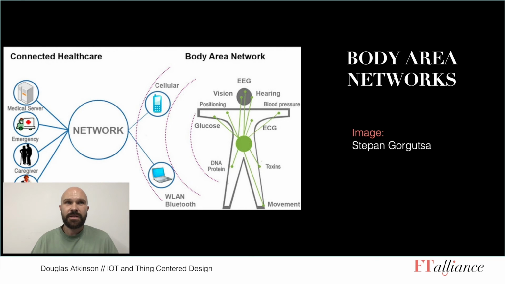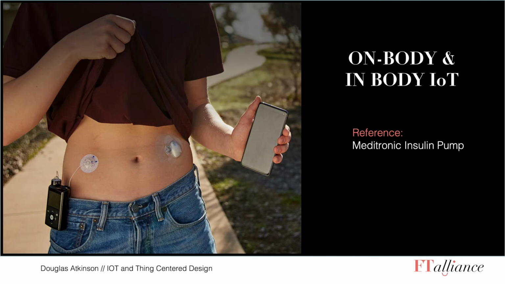And a good example of this can be seen in insulin pumps. So there are now examples of insulin pumps for diabetes that are worn on the body and can continuously monitor the glucose levels in the blood and, when needed, can provide insulin if they detect that the levels go outside a certain range.